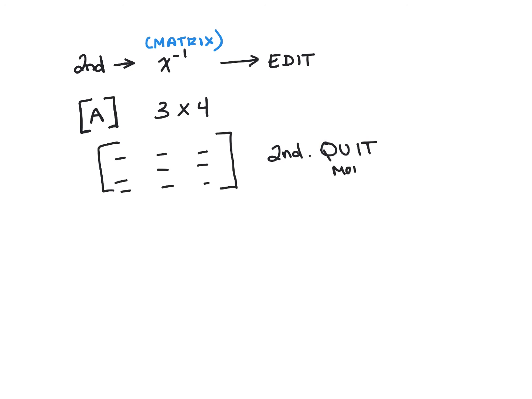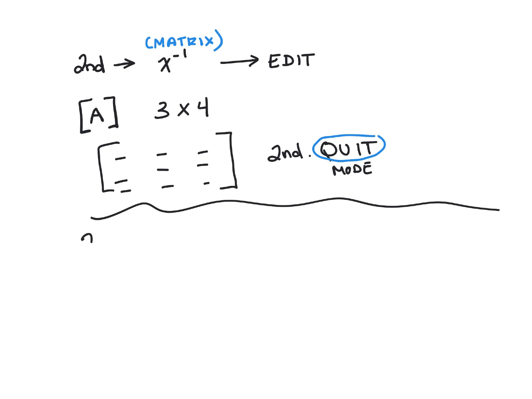It actually says mode, and above it, it says quit. So now you're sitting at a basic screen again, and now you want to do something with that matrix. So now you're going to hit second function, the key that says matrix at the top.